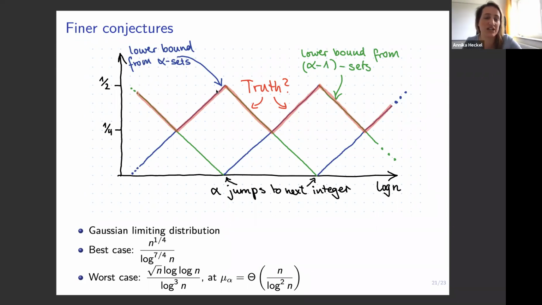So here you can't take all of your alpha sets into your coloring because some of them overlap, but it's only a small fraction of them. I see, so a typical one wouldn't overlap. Isn't this n over log n squared exactly the point where a typical one starts to overlap? Possibly, yes. I've forgotten. I think so.